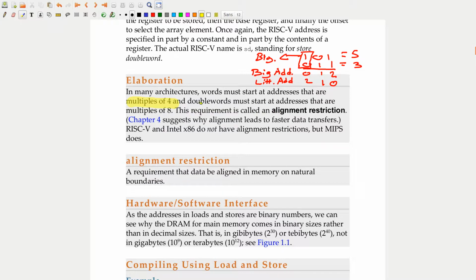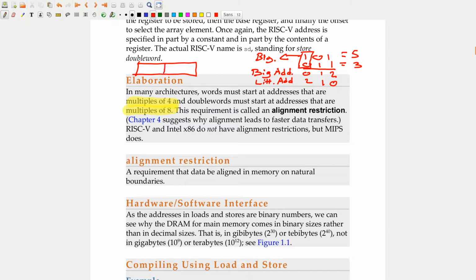So the requirement where everything has to be stored in multiples of 4 or multiples of 8 is common, and this is based upon the physical architecture. So imagine if we had an array that was here.